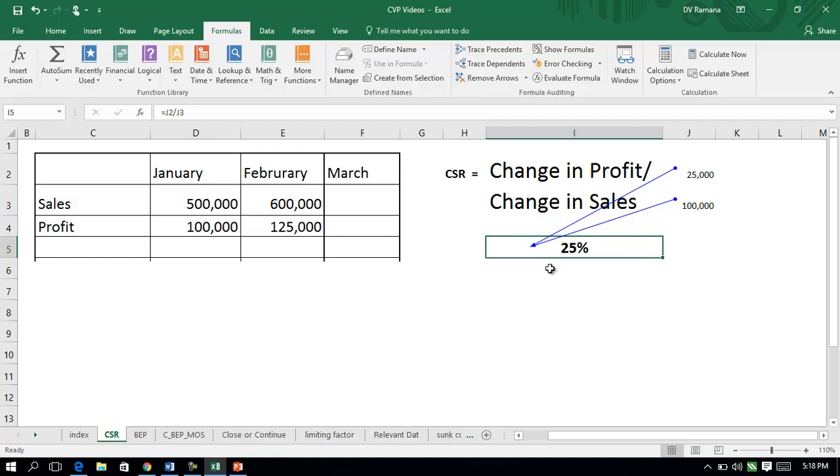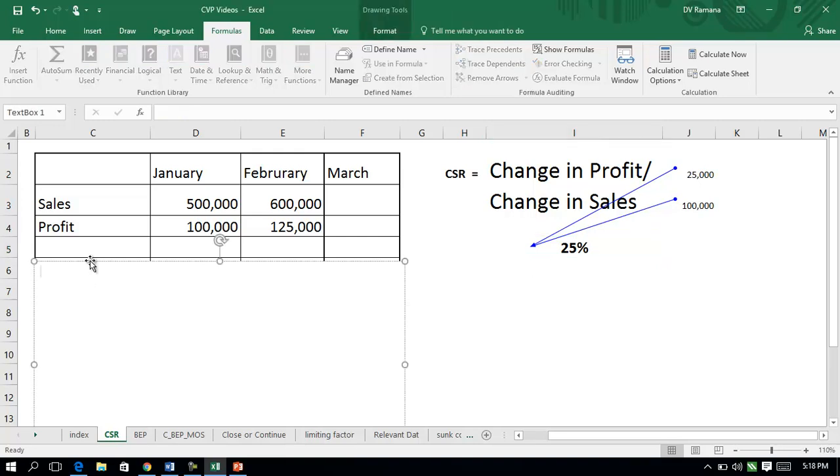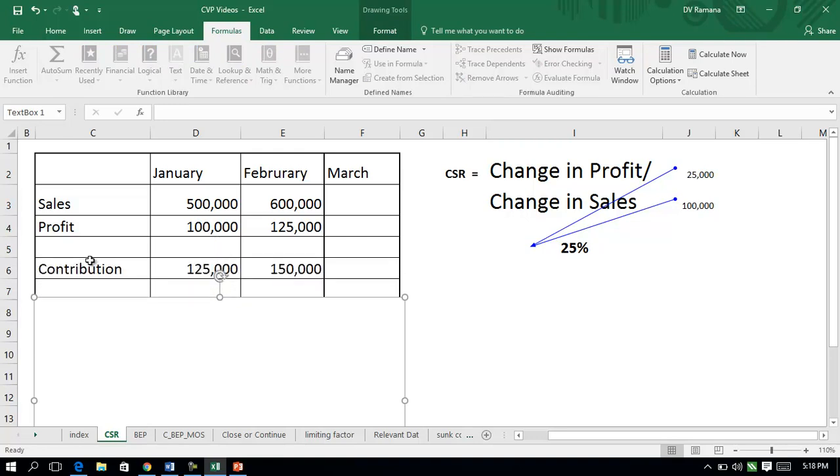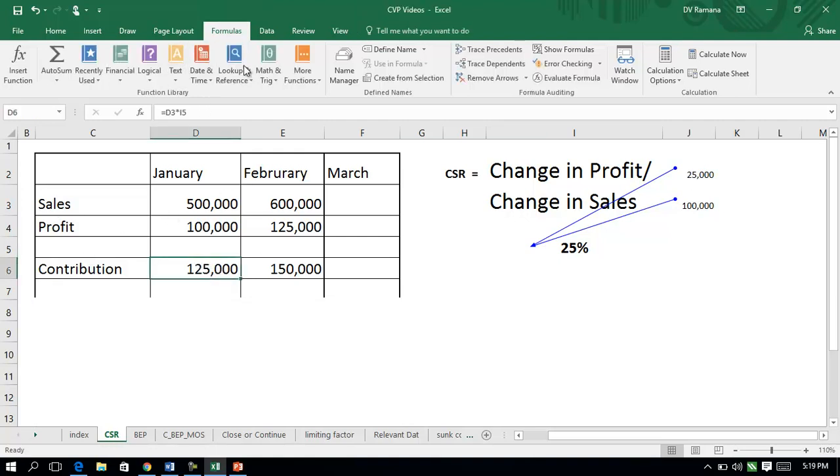And we'll use this 25% to calculate the break-even point, and the break-even point is equal to fixed cost by contribution to sales ratio. But here fixed cost is not given, so let us first find the contribution.